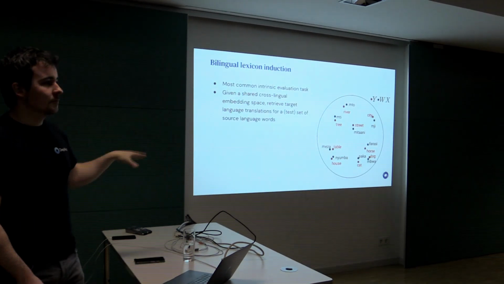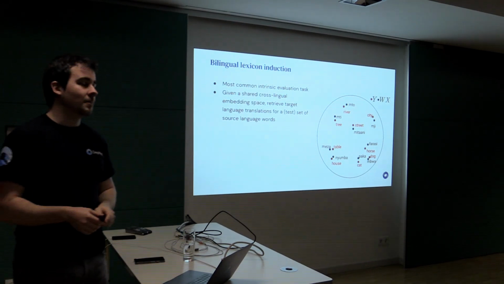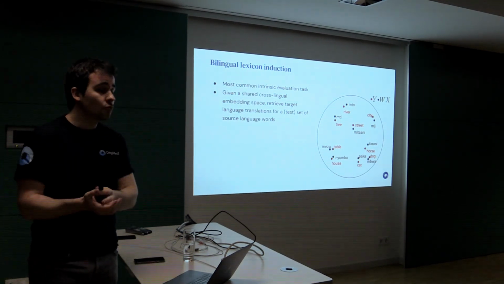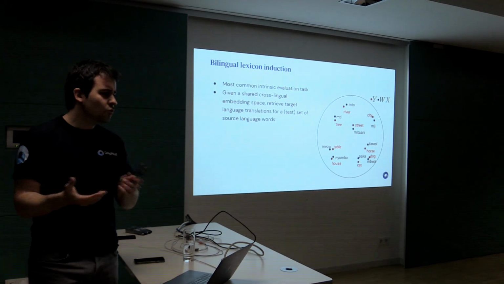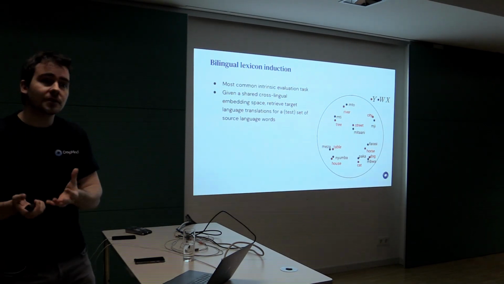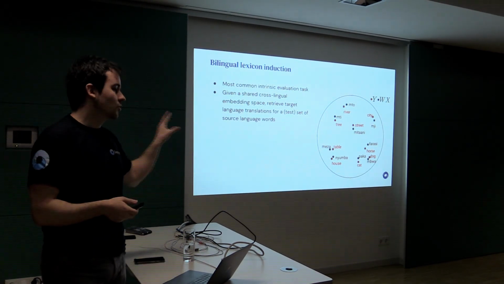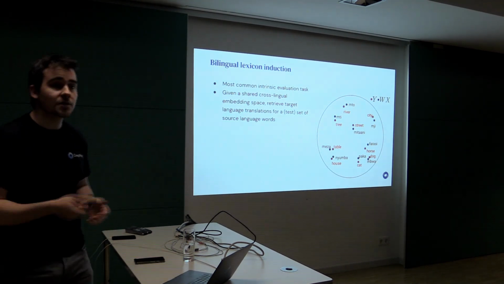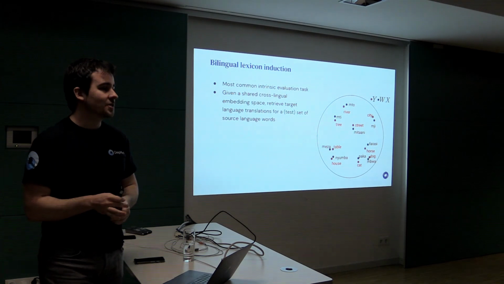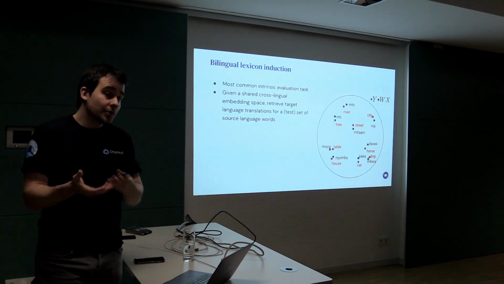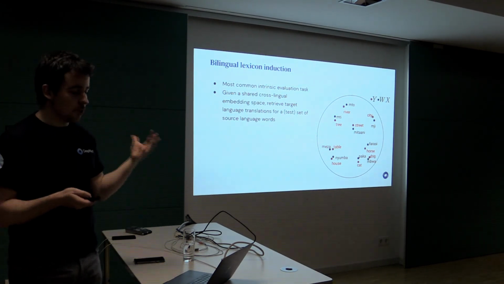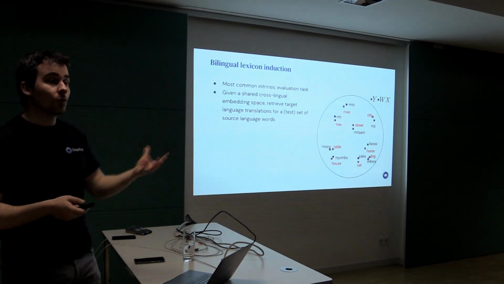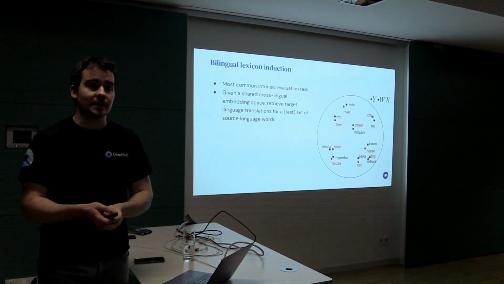Now, to give you some numbers and show you how well these methods do, I'm going to show some performance on one particular task that people like to use in this setting, mainly because it's very easy to evaluate, as it only acts on the cross-lingual word embedding space itself.